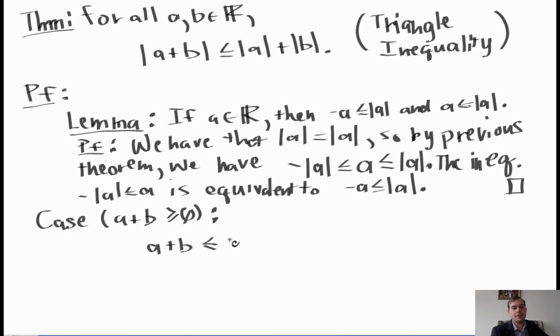But by additivity, this will be bounded by, since we have absolute value of a is a bound for a, and then we can apply the same additivity to get absolute value of a plus absolute value of b, and the whole point was that this was equal to a plus b.